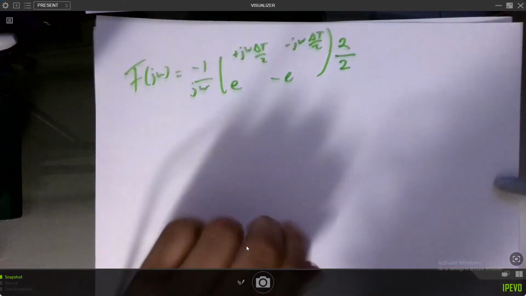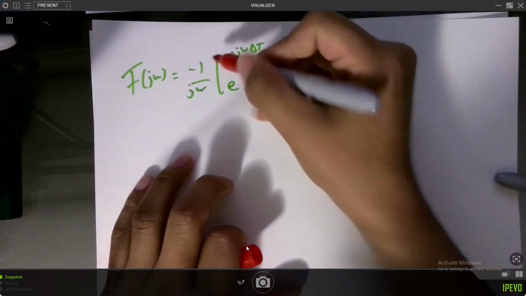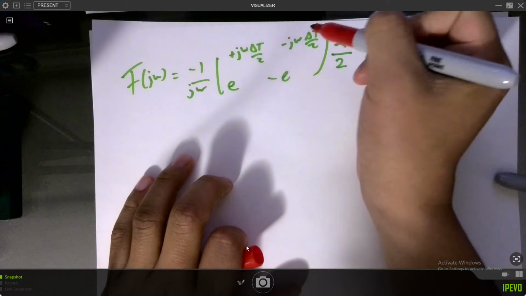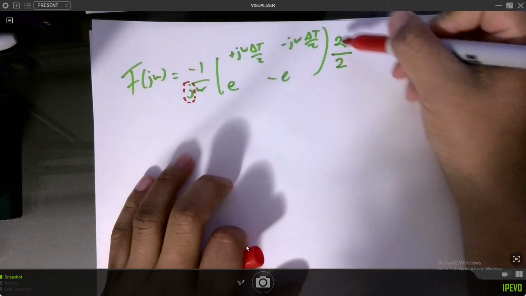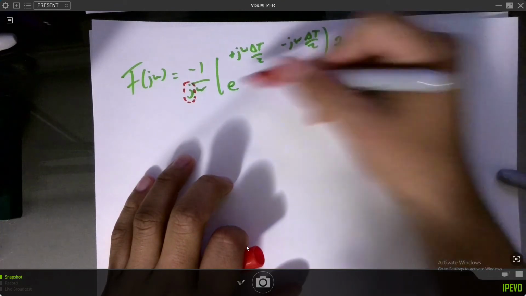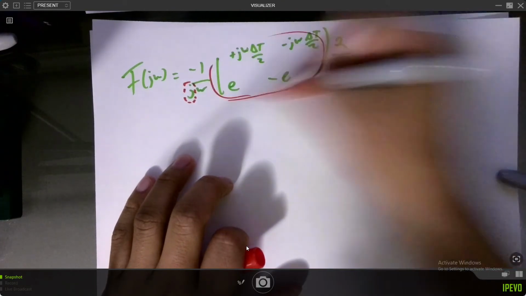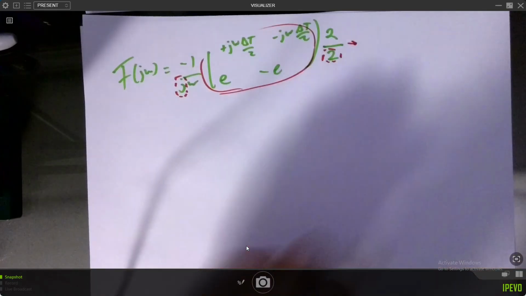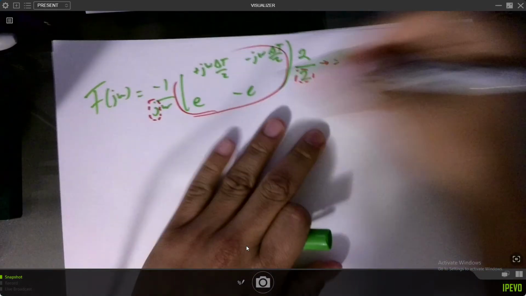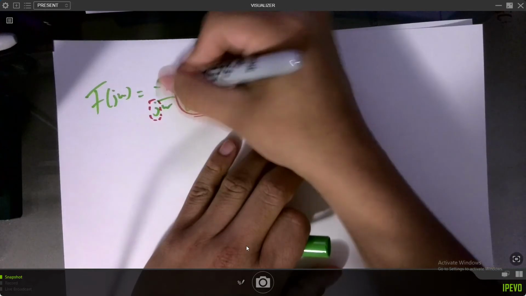So for this to work, we need this j, we need this 2, and then this whole thing will transform into, well, actually that positive goes away.